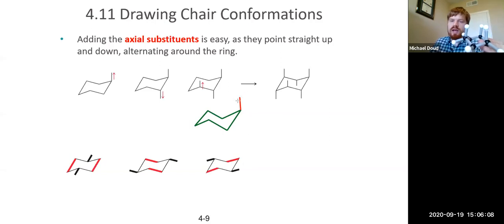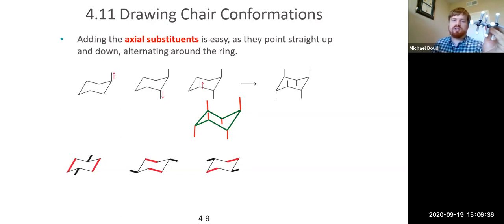Well, if this one's pointing up, that means this one, as its neighbor, which has a slight depression there and is dipping down, has its axial pointing down. We alternate up, down, up, down, up, and down. And those are our axial substituents. It's pretty easy because you can just identify that they're going straight up and straight down.